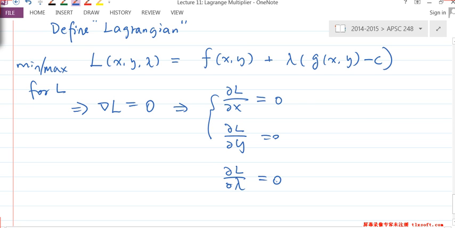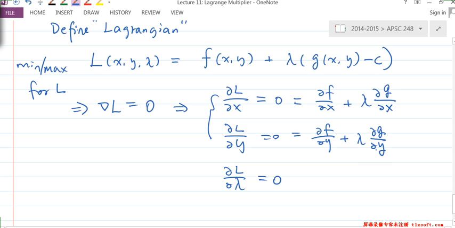So what would be the first expression? What is the partial derivative of L with respect to x? Here's the function. Partial f over partial x plus lambda partial g over partial x. Second one, partial f over partial y plus lambda partial g over partial y.